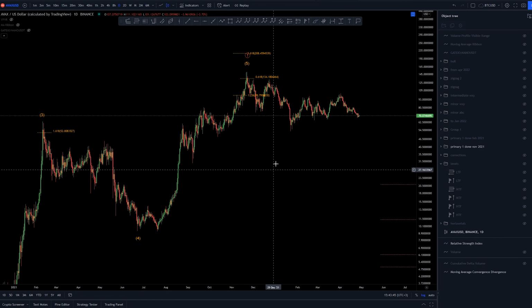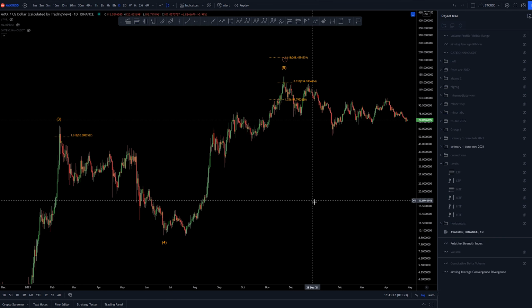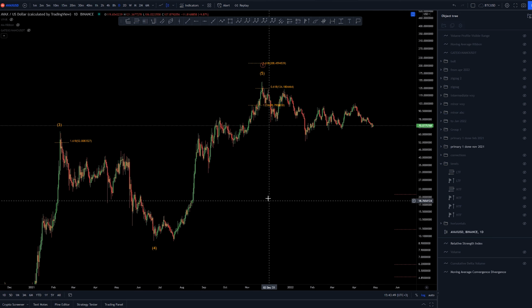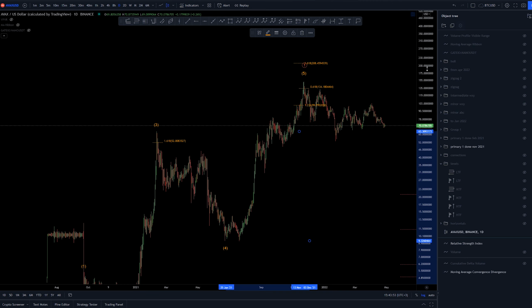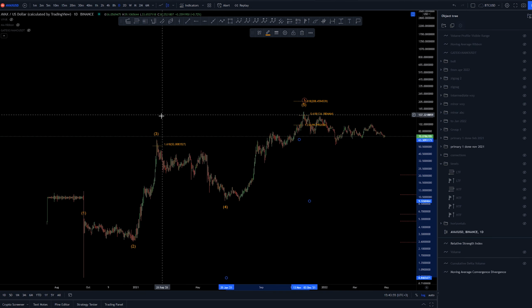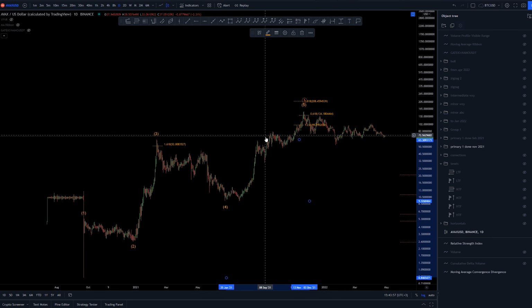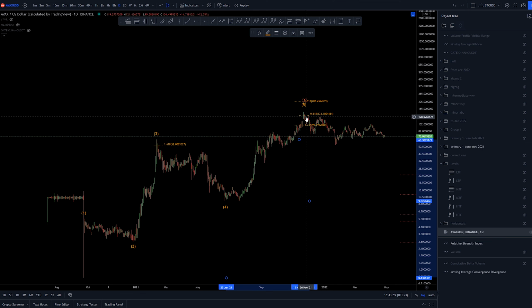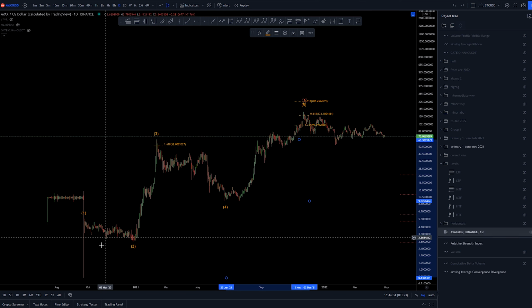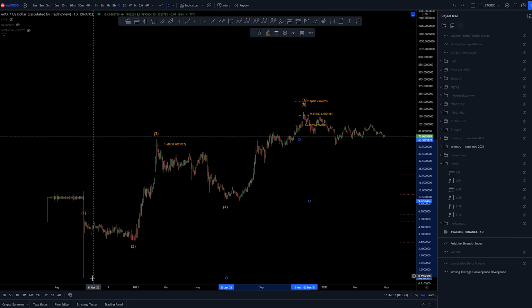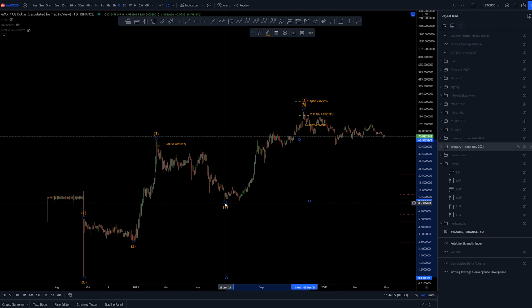Now, looking at this structure here, as neither 1 or 3 are extended, we can assume fifth would have been extended, but actually it just got to the 0.618 extension for the whole move from 0 to 3 to 4.